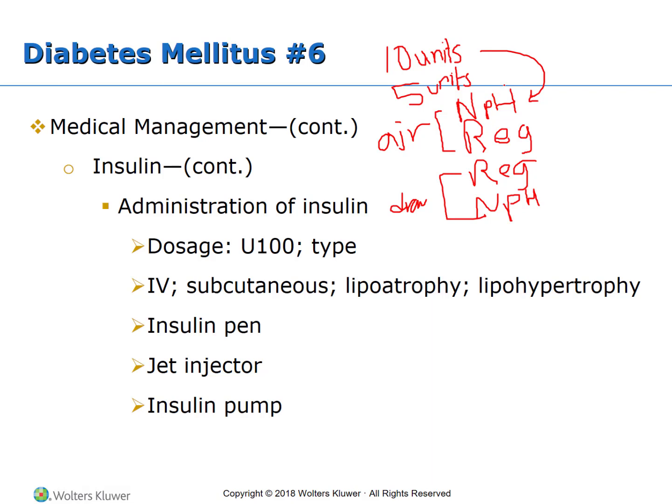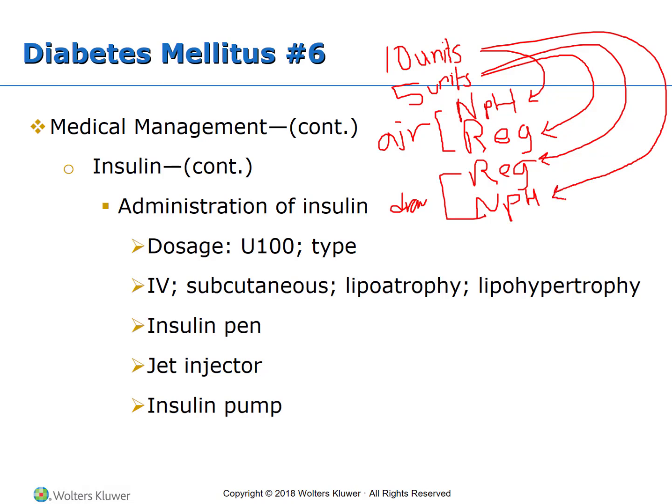So you're gonna inject 10 units of air into NPH, take it out, and then inject 5 units of air into the regular vial. Then you flip over the vial and draw 5 units of regular, and then lastly you're gonna draw 10 units of NPH, totaling 15 units.